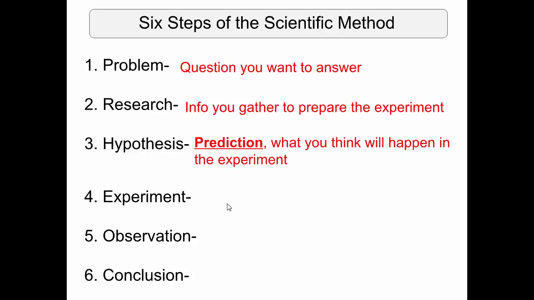You're predicting what is going to happen in your experiment. So before you actually do the experiment, you come up with a hypothesis, what you think might happen. That's going to be our new definition of hypothesis. We're not going to say educated guess anymore. It's a prediction.